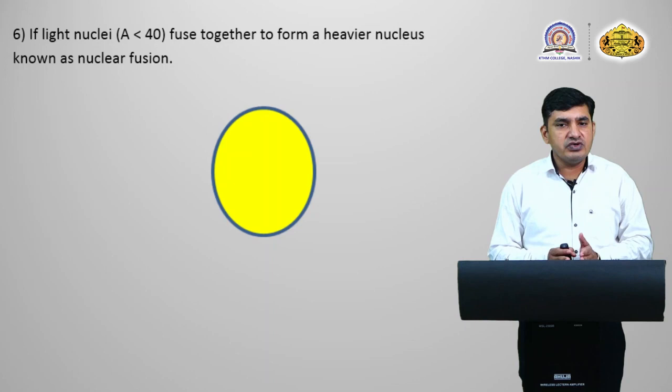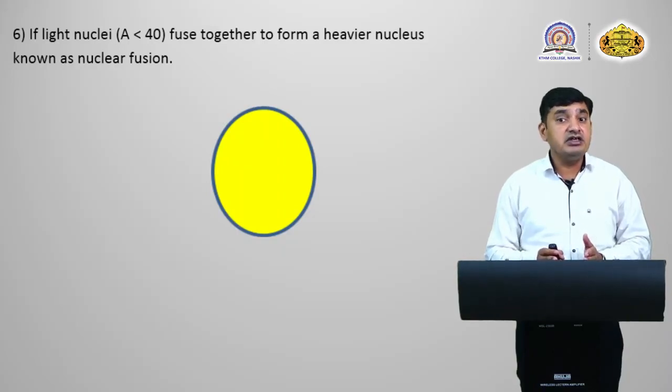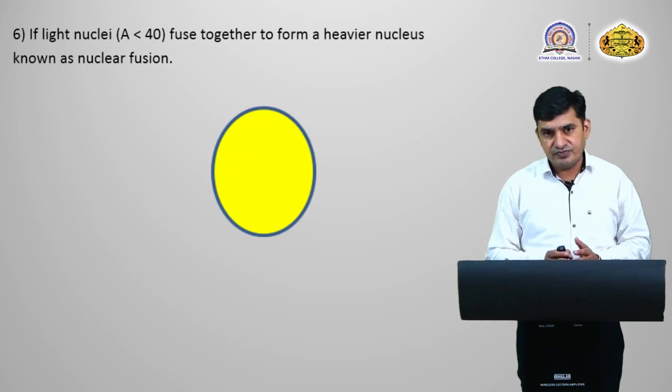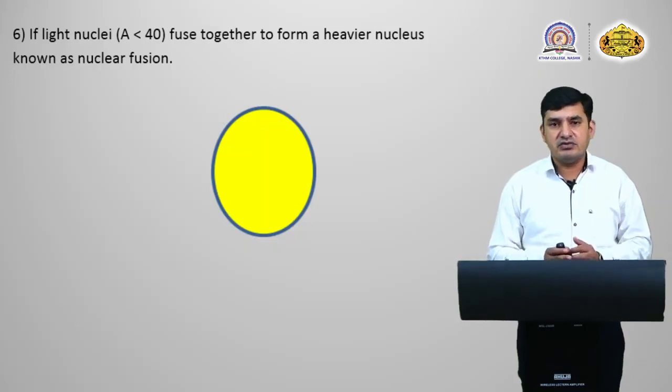Okay. So, in between mass number 40 and mass number 100 or 120, the binding energy per nucleon is large. It indicates that the nucleus is stable.